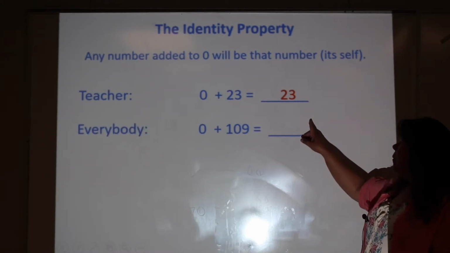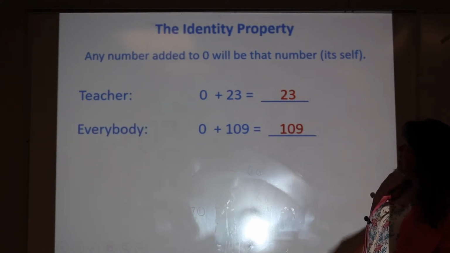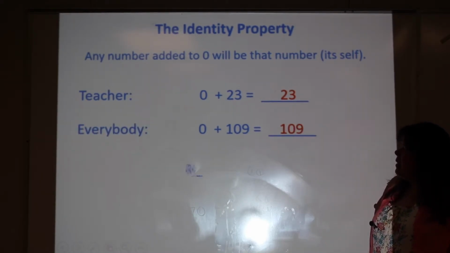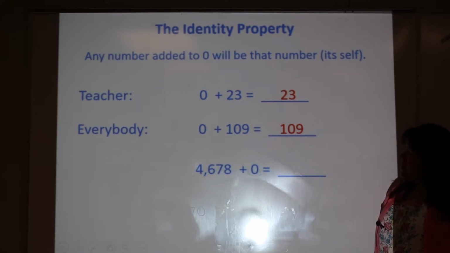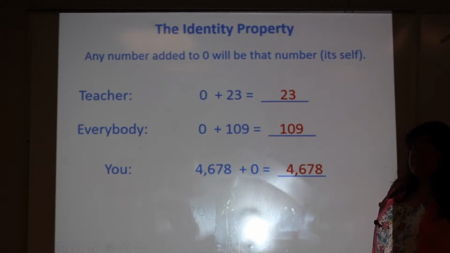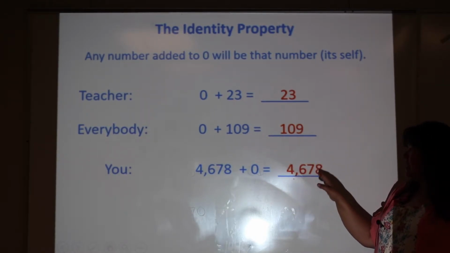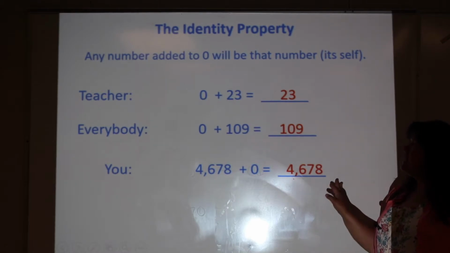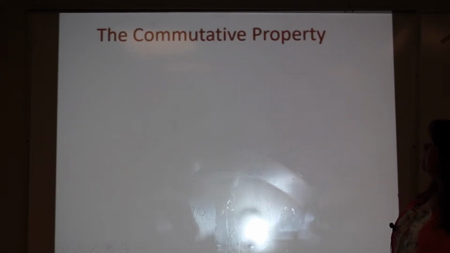It's going to be 109. Okay. 4,678. So this is for you. What do you think this one's going to become? If I'm adding those two numbers together, yep, it's going to be 4,678. This is the identity property.